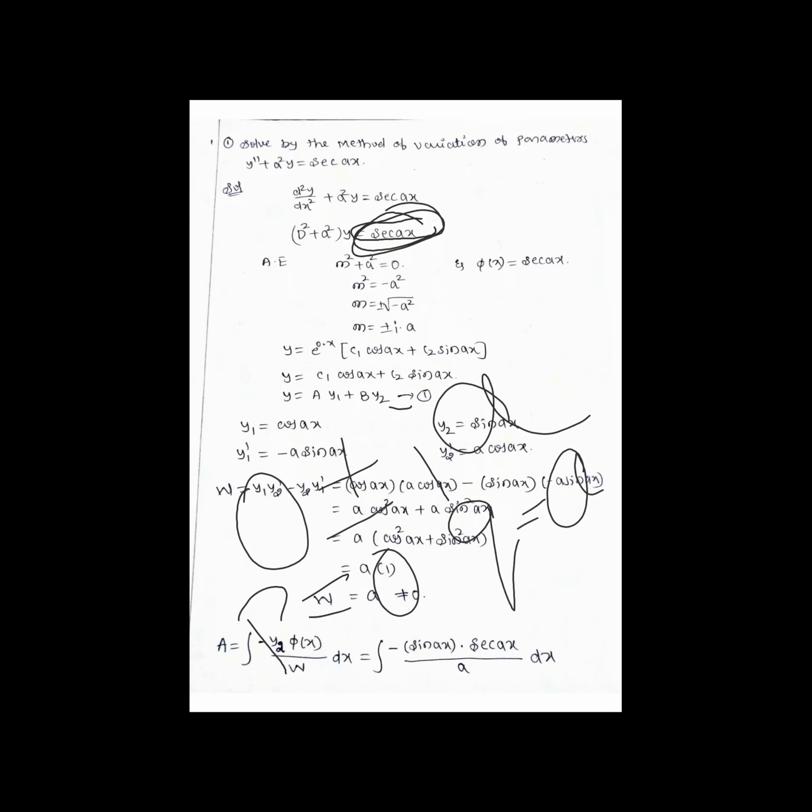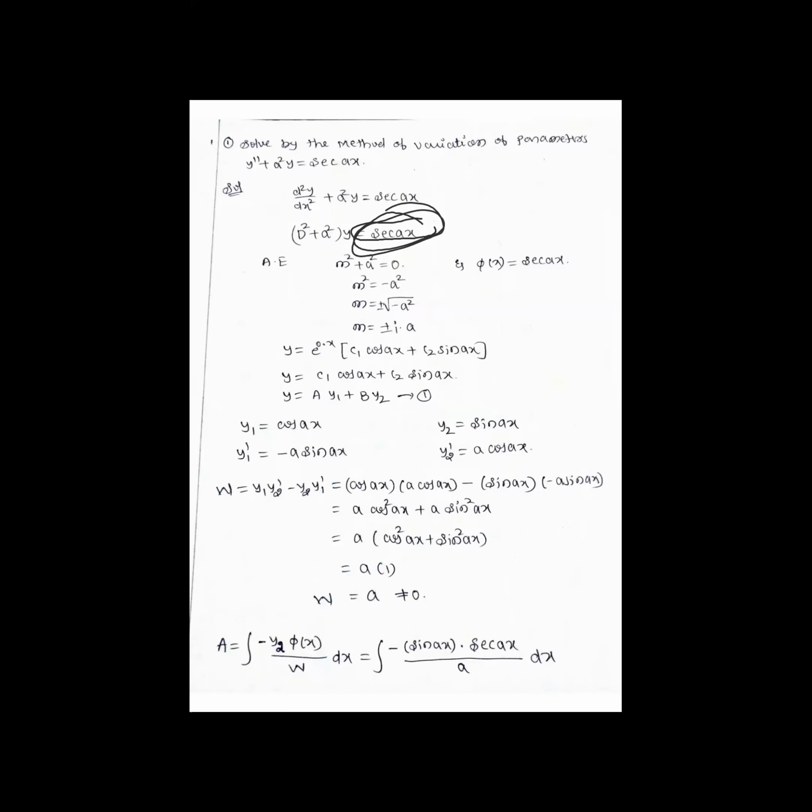Therefore, the general formula for complex roots is e raised to p x, with p is 0 into x, times c1 cos qx plus c2 sin qx. Q is a here, so c1 cos ax plus c2 sin ax.